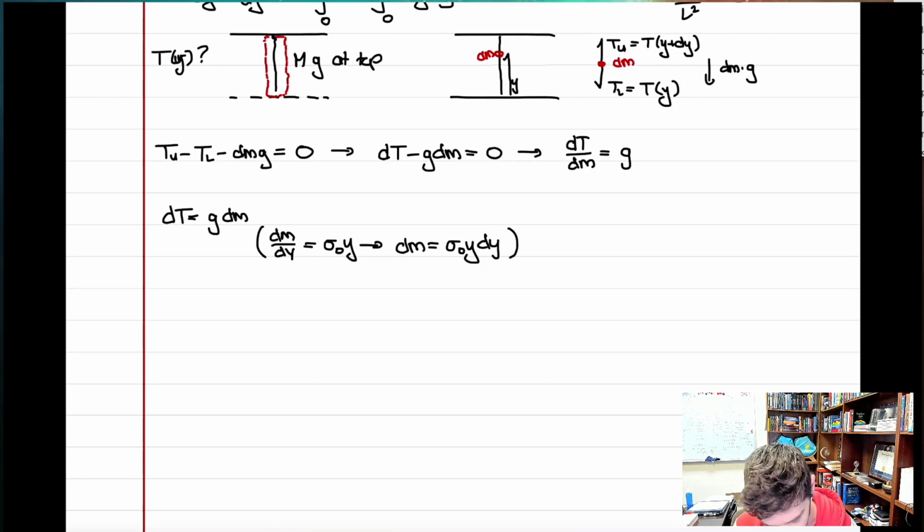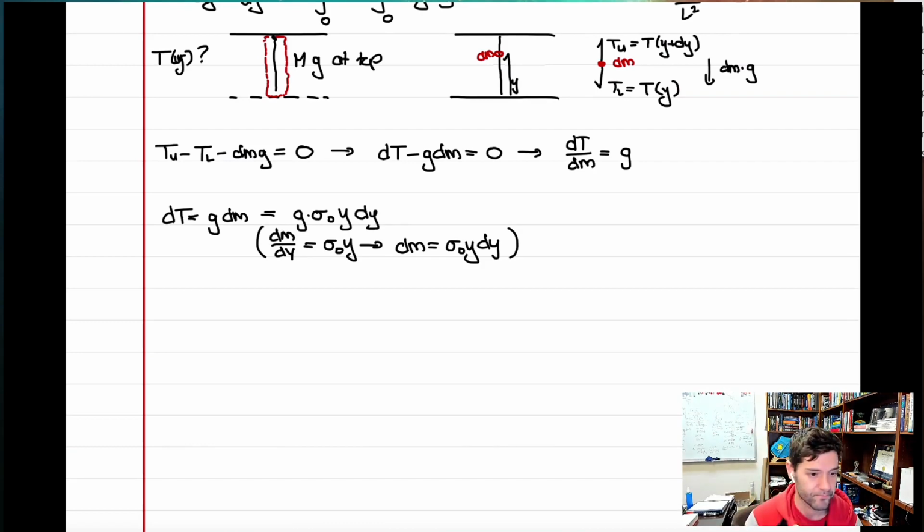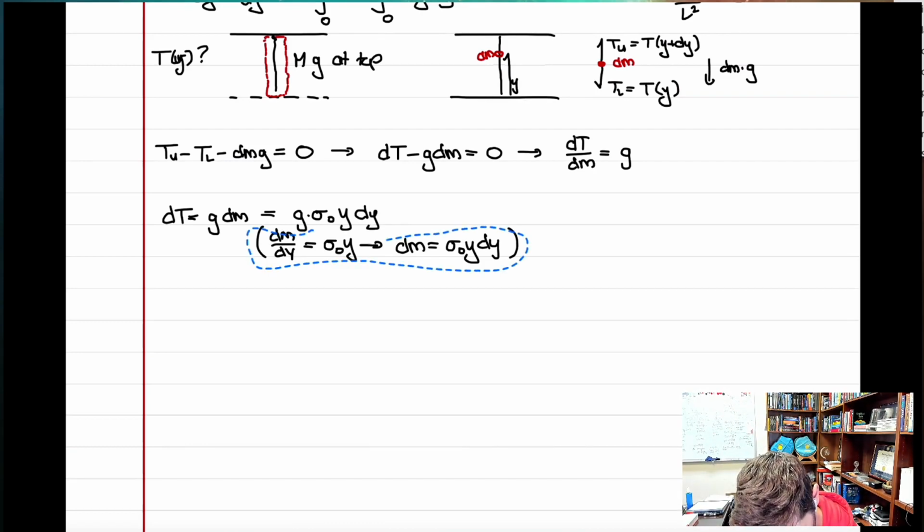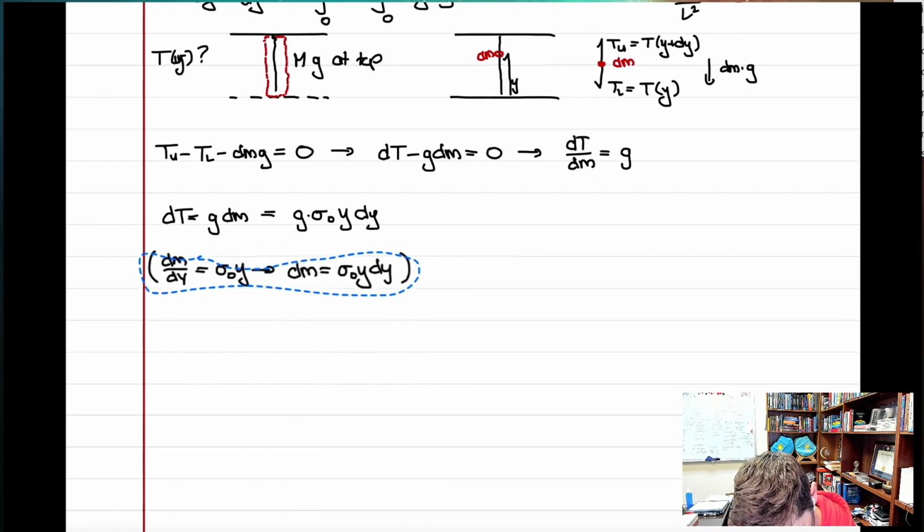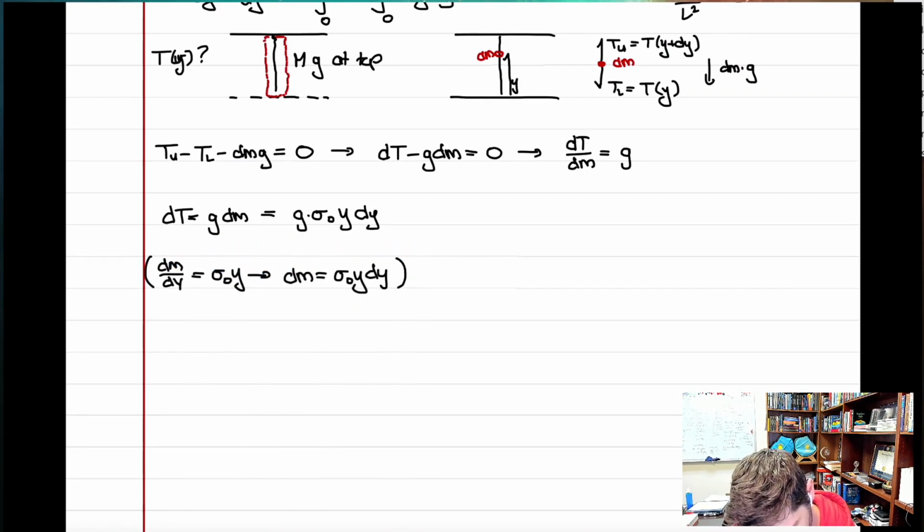It's not just some mathematical trick. So using that, this looks like it's g times sigma naught times y times dy. Well, that's great, because now I have the left-hand side as a function of tension, and the right-hand side is a function only of y with some constants.